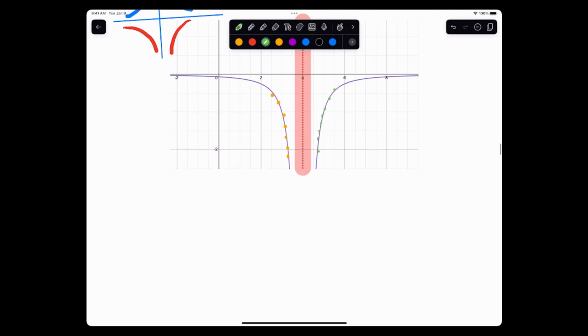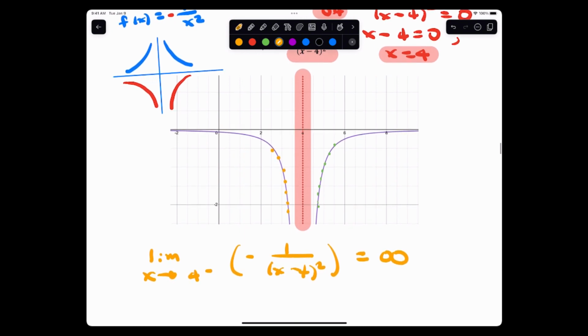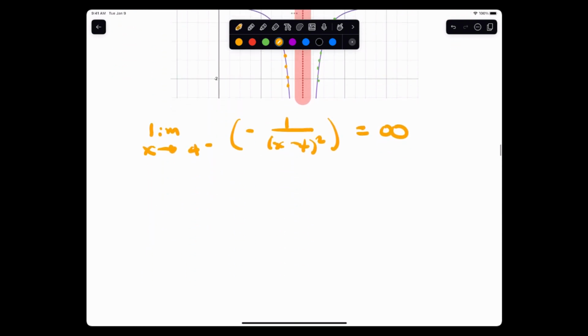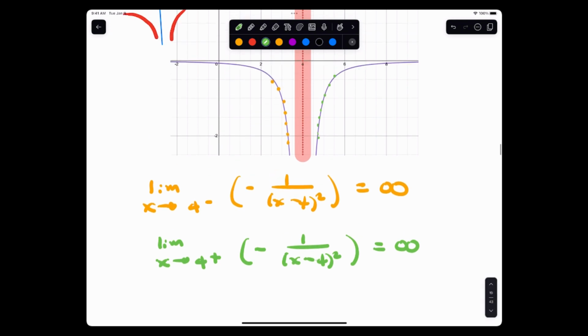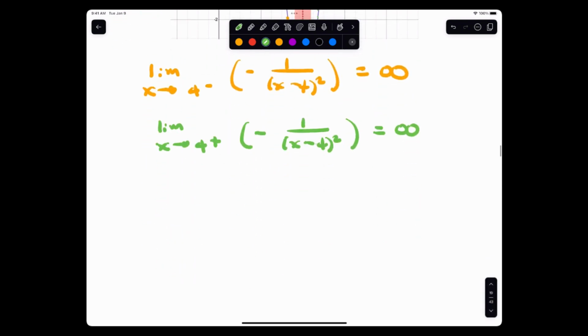So when they ask you, what's the limit as x goes to 4 from the left of negative 1 over x minus 4 squared, well, that's negative infinity. And the limit as x goes to 4 from the right of negative 1 over x minus 4 squared again, what's this? Negative infinity.